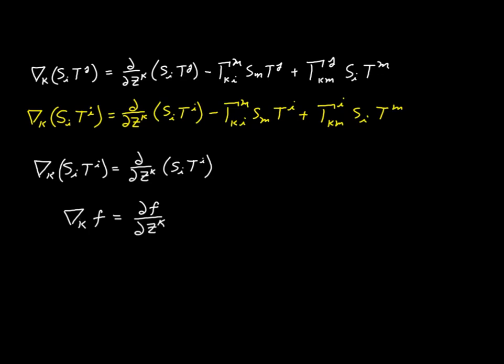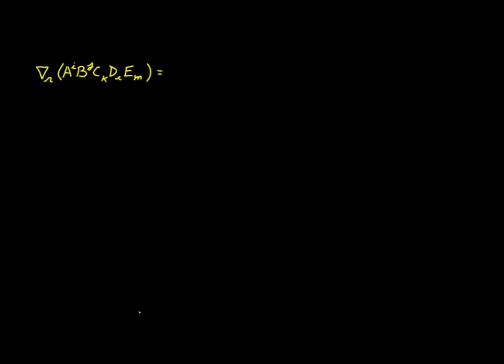All right, so now let's wind things down with another example. Now at first glance, a problem like this can look quite intimidating, but as you're going to see, it's not nearly as bad as it first looks. The first thing we always do is to take the partial derivative of our expression. So we'll take the partial derivative with respect to Z^R.